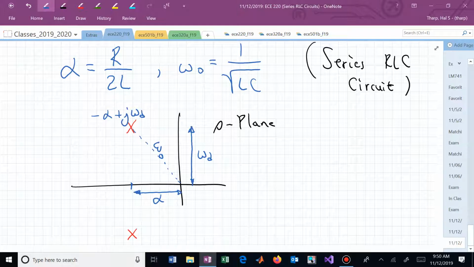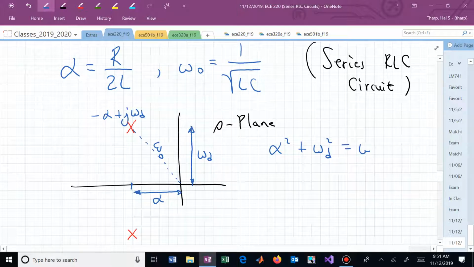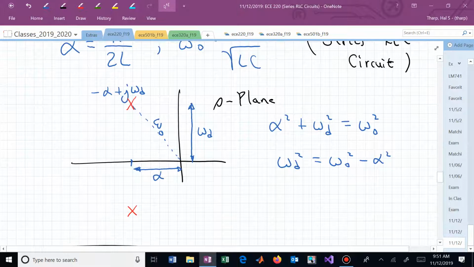And we can now find omega sub d from the Pythagorean theorem. We know alpha squared, the real part squared, plus the imaginary part squared must equal the hypotenuse squared. We can solve that for omega sub d squared, and we want omega sub d, so we now just take the square root of that.